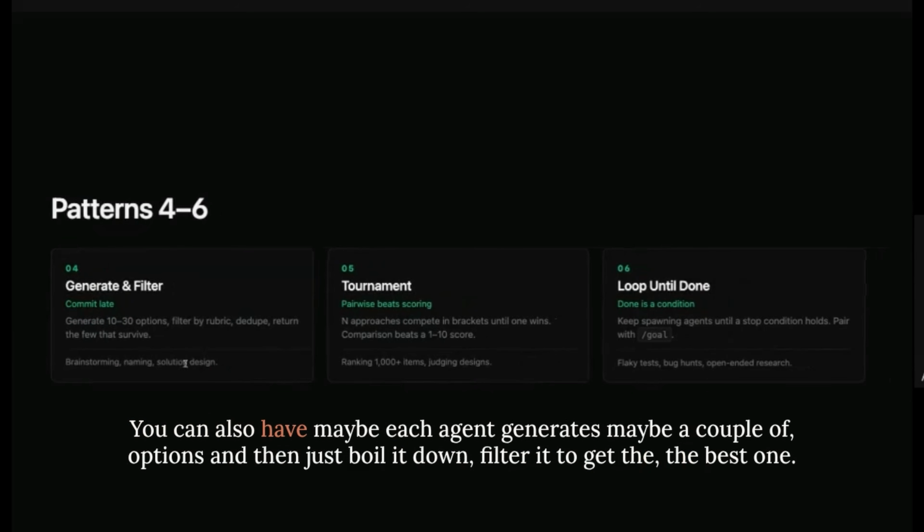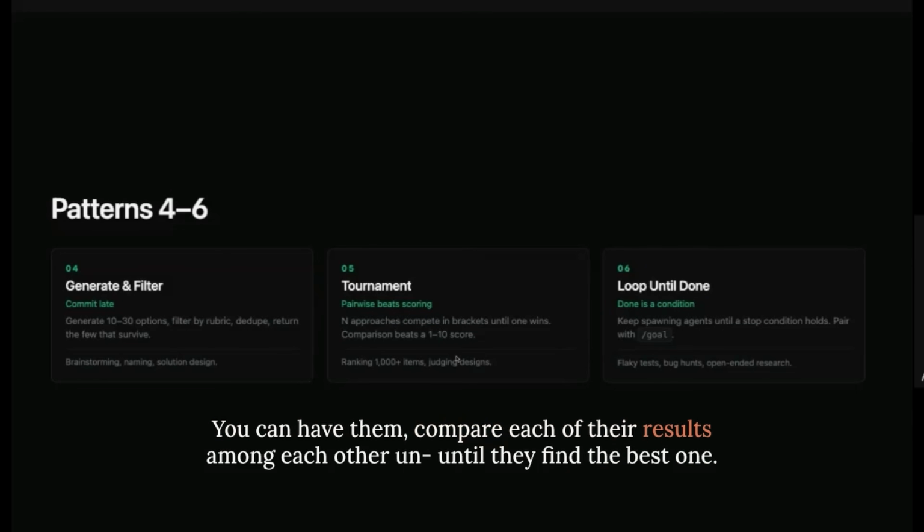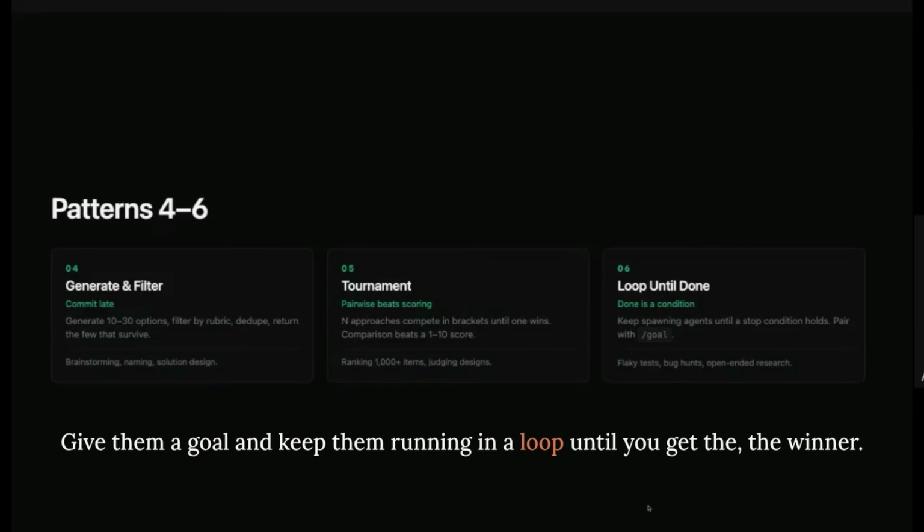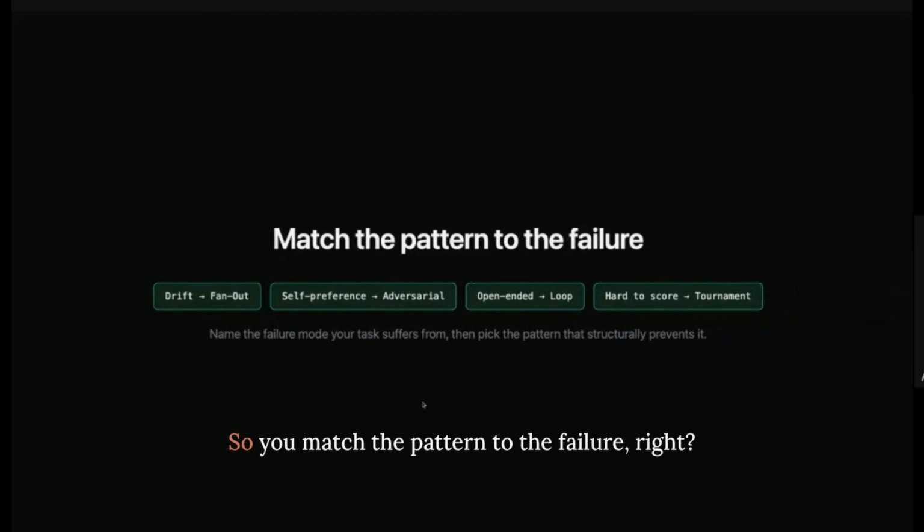You can also have each agent generate a couple of options, and then validate and filter them to get the best one. You can have them compare each of their results among each other until they find the best one. And you can also have them run in a loop until you get the winner. So you match the pattern to the failure, right?